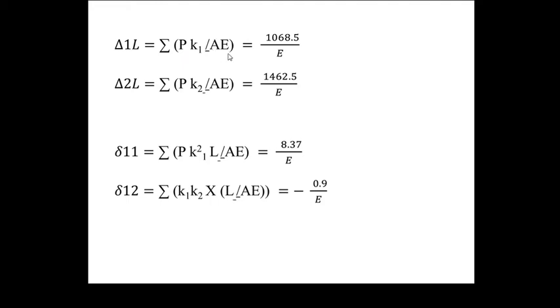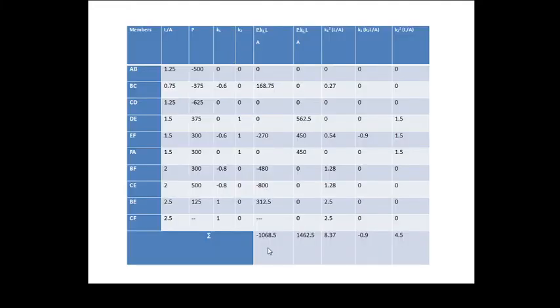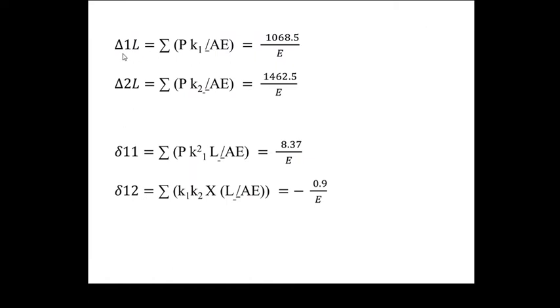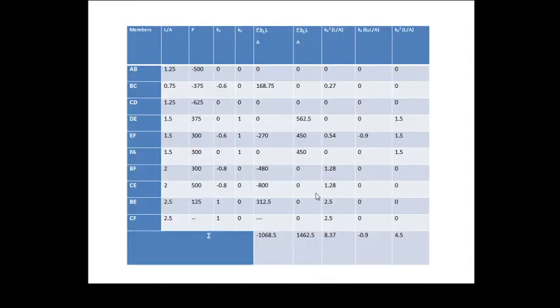Observe this table, that is minus 1068.5. This is the value of delta 1 L. Similarly, delta 2 L is equal to the summation of PK2 L by A, the summation of this column, that is 1462.5, that is delta 2 L.